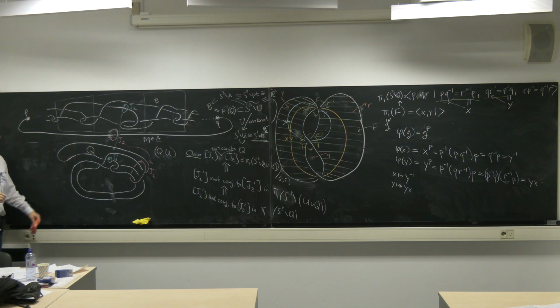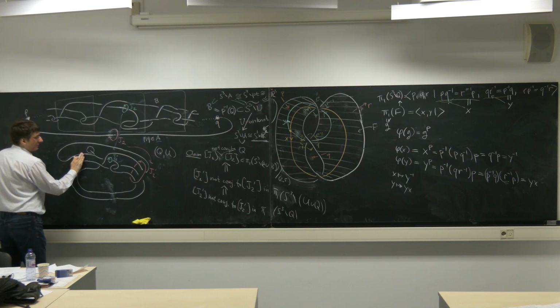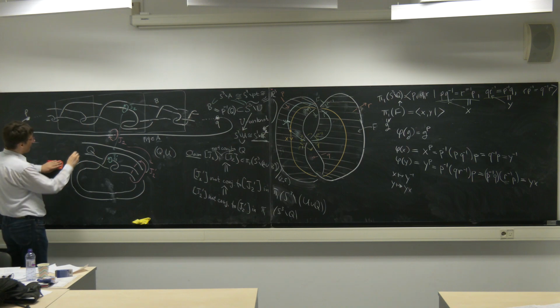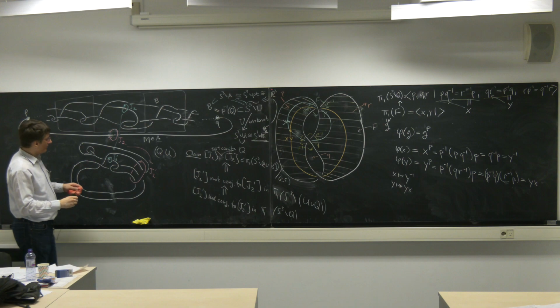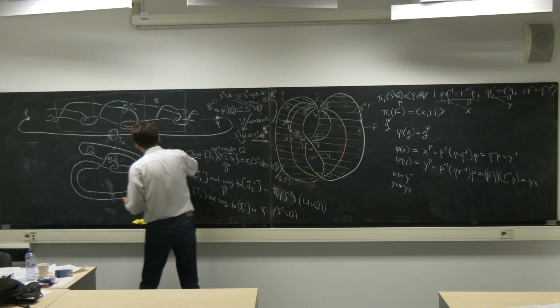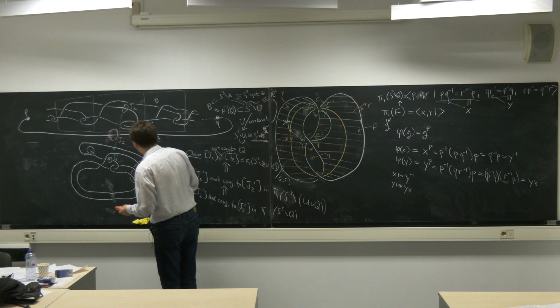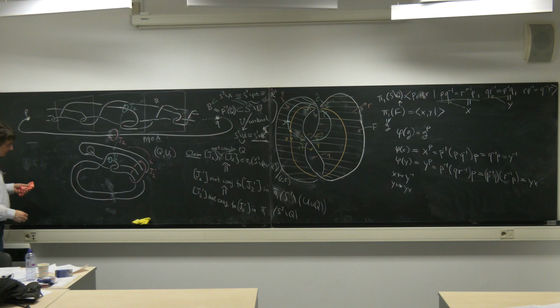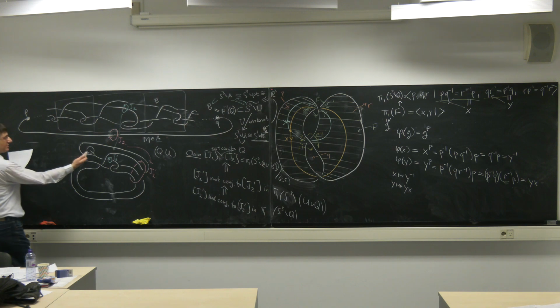Okay, so this is the same as before. I just moved the arc from the bottom to the top. I can simplify it a little bit, and also here, but then I have to move this meridian. Okay, I think I need to draw a new picture. Yes, I want to turn this loop.